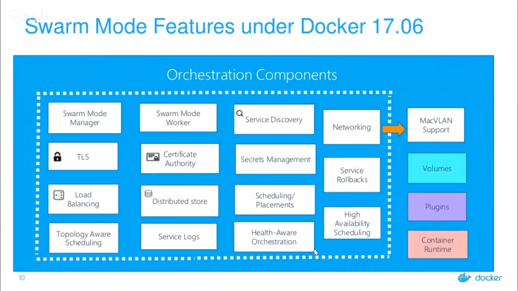So now you can make your container act as a VM. All those boxes labeled in green are the very recently added features in Docker Swarm mode.